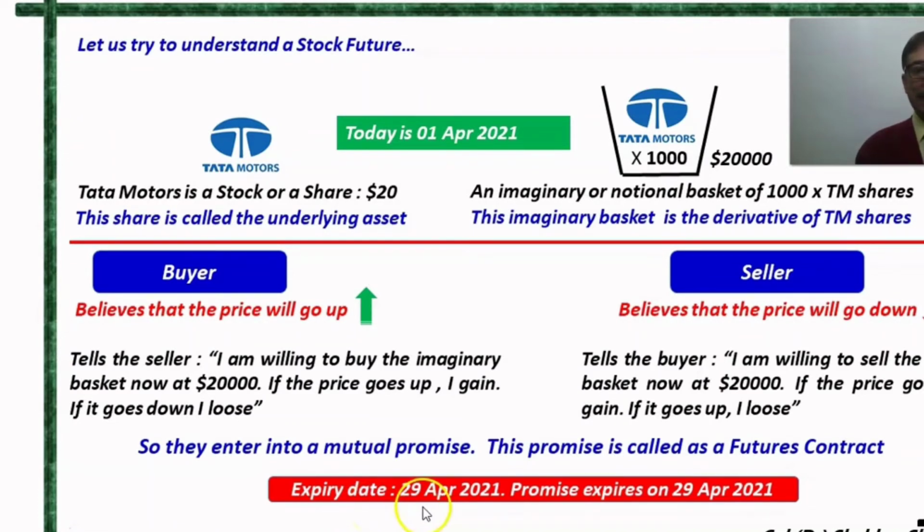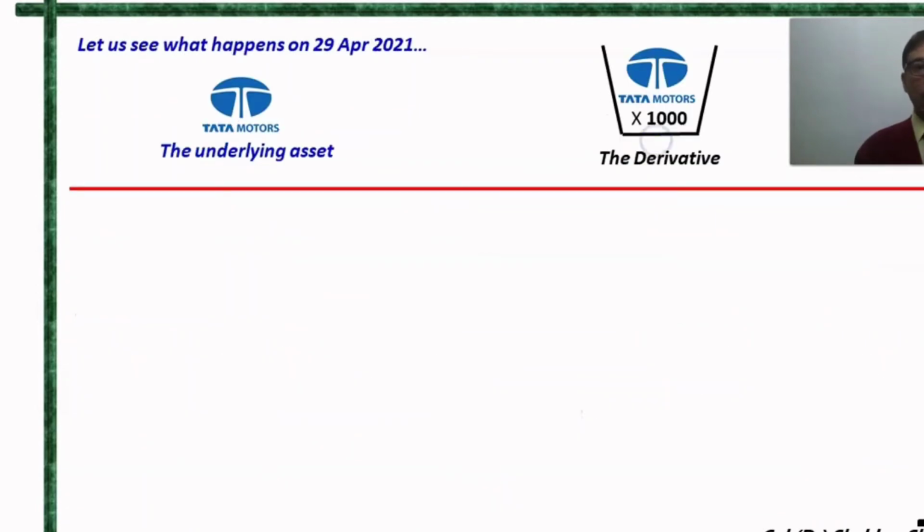And let us say that 29th April 2021 happens to be the expiry date. So on 29th April 2021, this promise will expire, and this imaginary basket, which as it is not there, will be forgotten. Alright. So now let us see what happens on 29th April 2021.